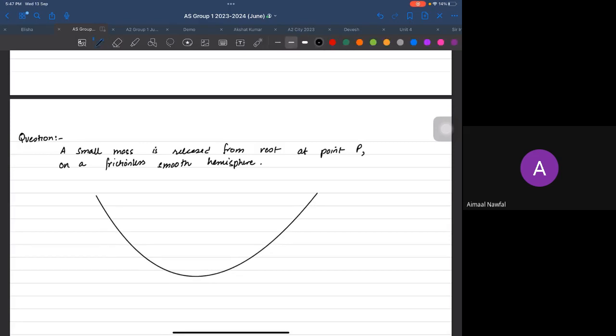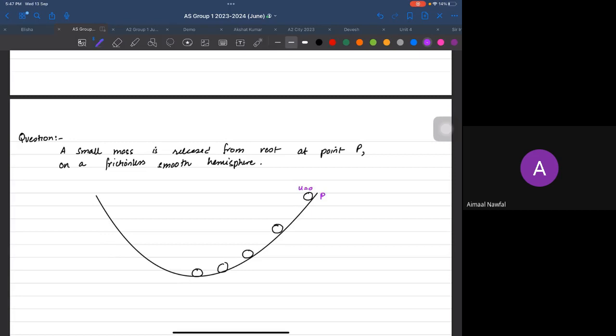Okay, and then they've shown a couple of points. It being here, then here, then here, then here, and at the bottom, right here. And they've given you the velocities as well. At this point, the velocity is 0.